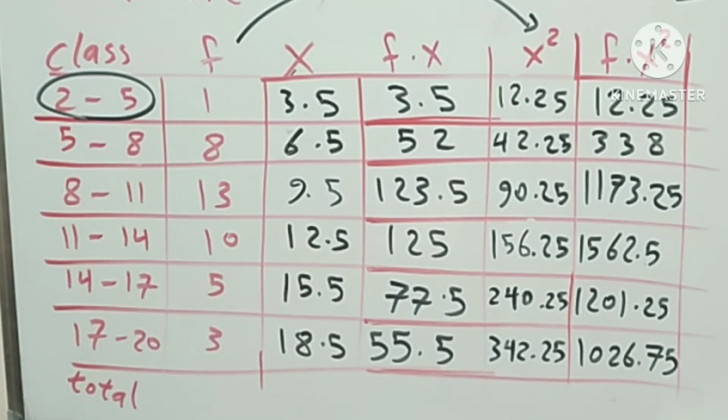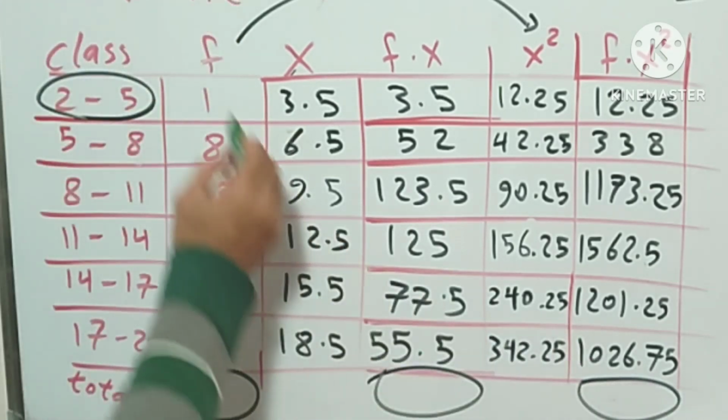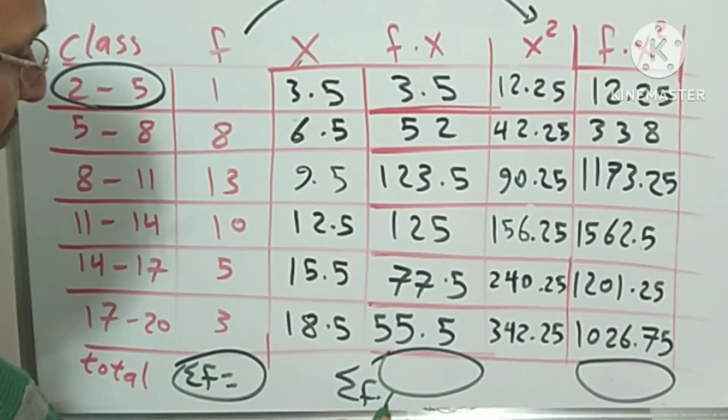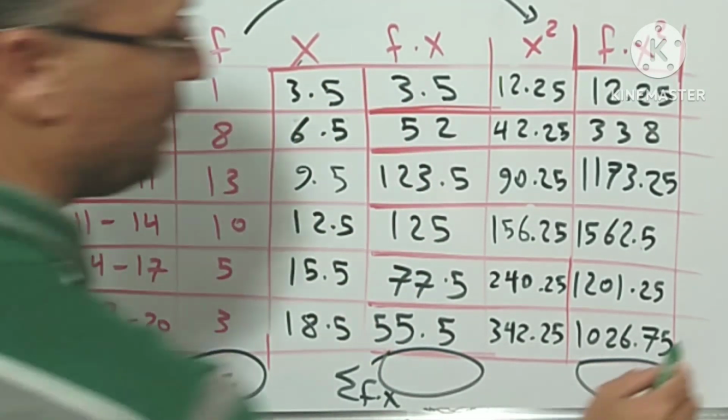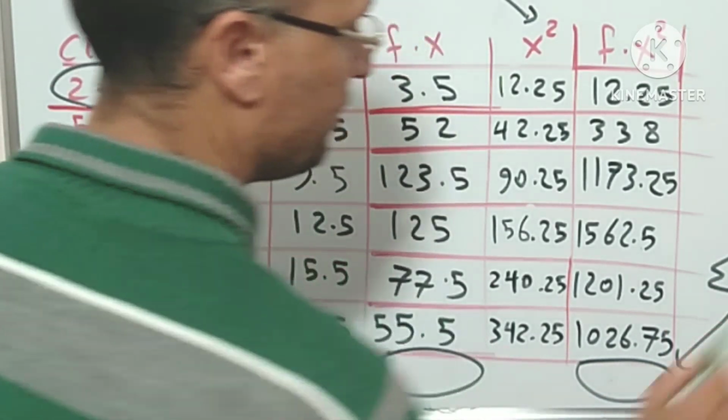Then we have to find the summation. Which summations do we need? We need the summation of f, the summation of fx, and the summation of f x squared.